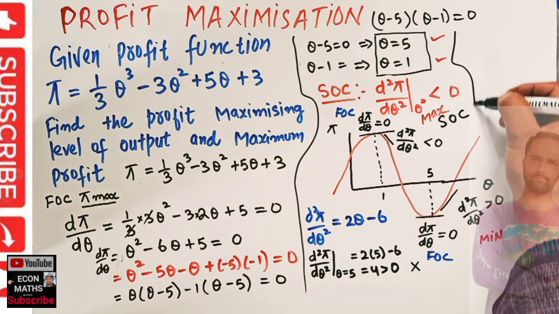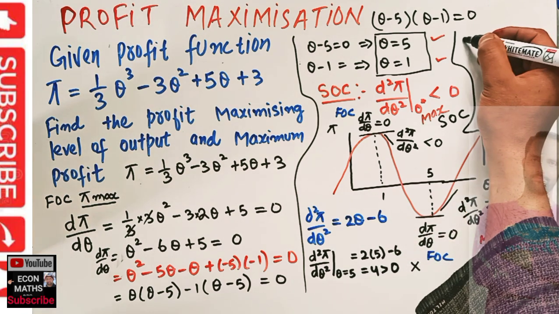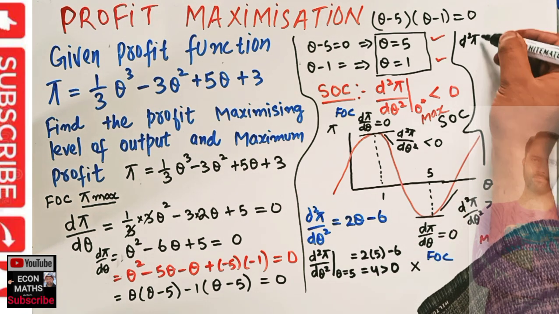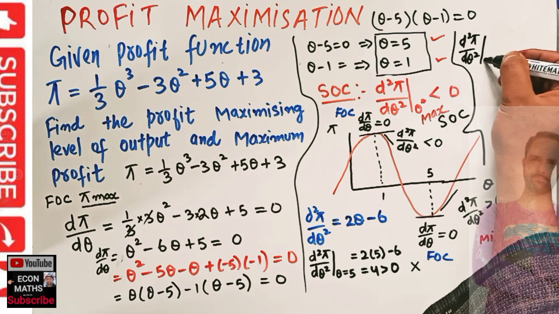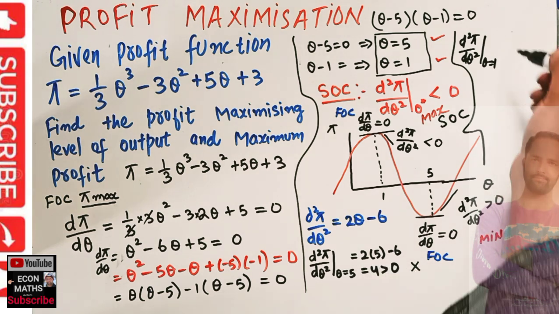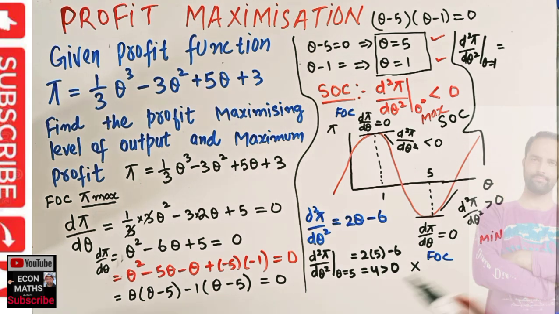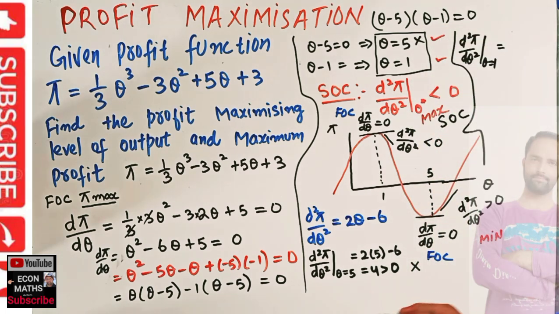I am short of space here. Now d²π/dq² evaluated at q equal to 1. When we evaluated at q equal to 5, we got the second order derivative greater than 0, so that cannot be our profit maximizing condition. Now we need to evaluate it at q equal to 1.